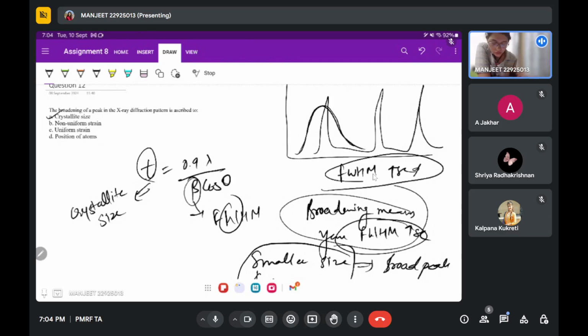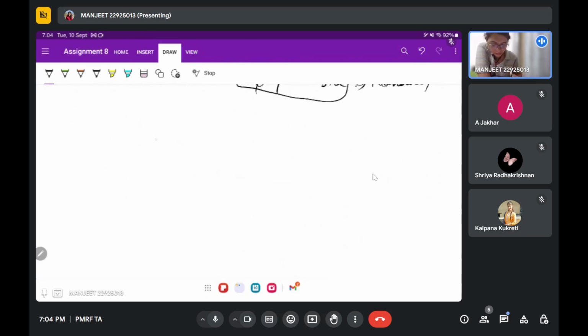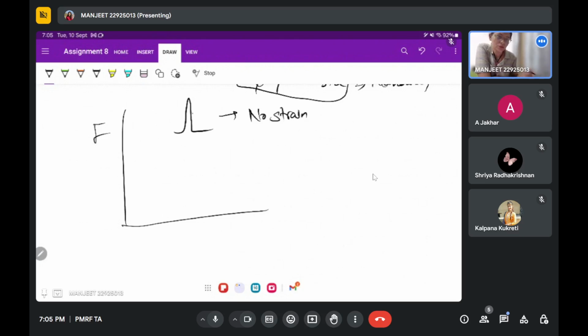The next one is non-uniform strain. Let's say this is the XRD peak for the no-strain case, and I'm considering only one peak. Now uniform strain: whatever crystal structure we have, the d values will either increase or decrease.